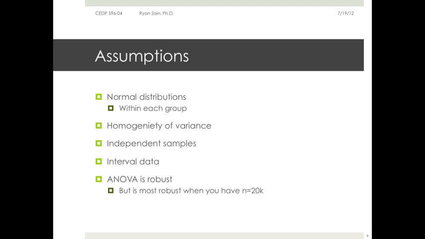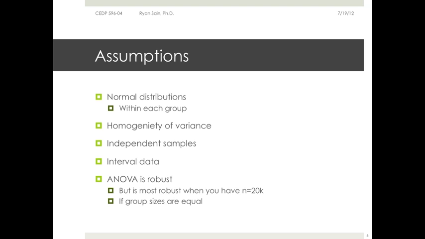So in our smoking example, we had 3 groups, so our sample size would need to be 60 in order for our ANOVA to be robust to things like homogeneity of variance or normal distributions. It also requires that the group sizes be equal. So you couldn't have 25 in one and 21 in another and 30 in another one. That's going to cause a problem with it being able to make an accurate statement about the data itself.